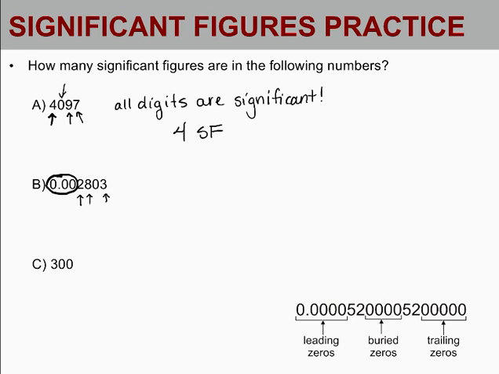And remember that leading zeros are not significant. And then we have this 0 in between the 8 and the 3, and that 0 is a buried 0, so it is significant. So the 2, 8, 0, and 3 are significant. So we have 4 sig figs.